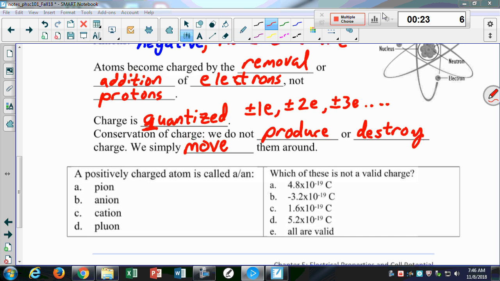All right, positively charged atom, what is that called? Pion, anion, cation, or is it a gluon? All right, just a few more seconds.